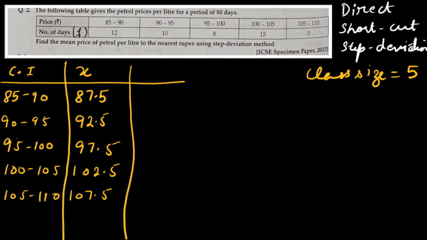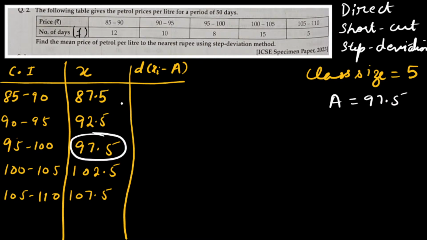Before that, let's find the deviation here. I'll be writing deviation. Let's find the deviation first of all, like we did in the previous question. Deviation is x_i minus A. Here we have 1, 2, 3, 4, 5 terms, so easily the central one, the middle one, we can assume as A. So I am assuming A as 97.5.